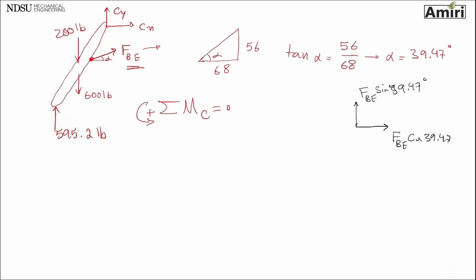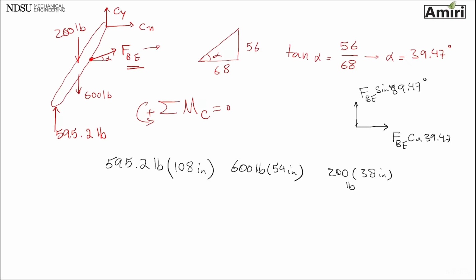So if I want to write moment about point C, I get DY, which is 595.2 pounds at a distance of, I think if you add all of those together, you're going to get 108 inches. And then you get 600 at a distance of 54 inches. You get a 200 at a distance of 38 inches.